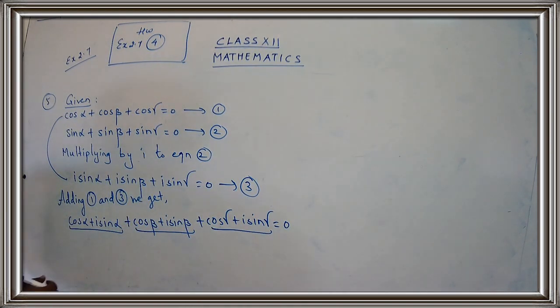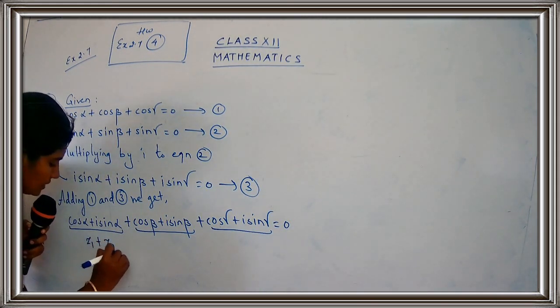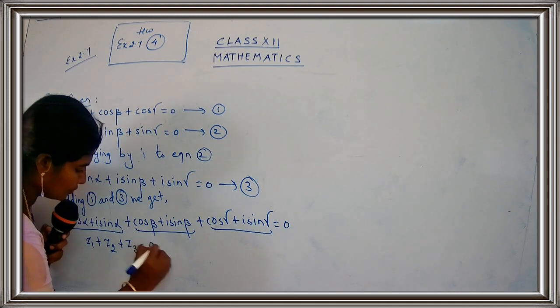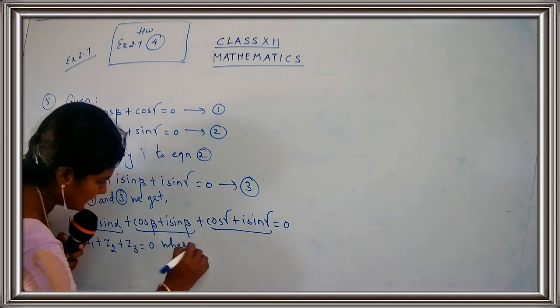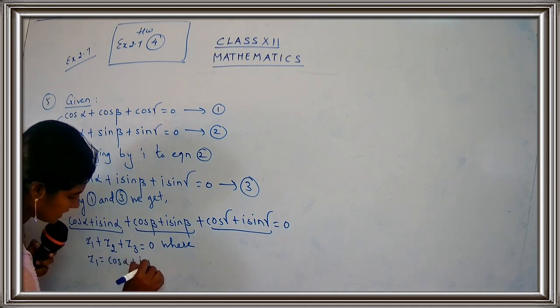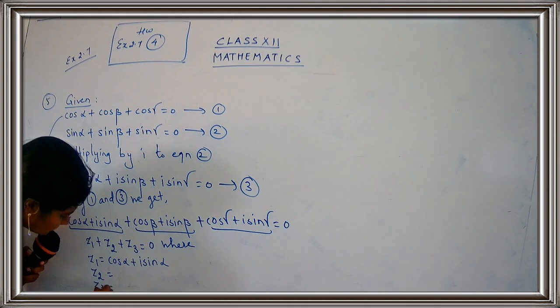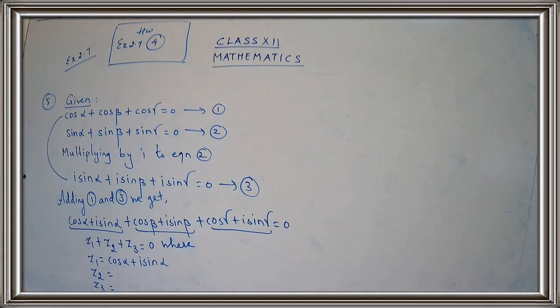Here we'll put Z1 plus Z2 plus Z3 is equal to 0, where Z1 is equal to cos alpha plus i sin alpha. Similarly, fill in Z2 and Z3.